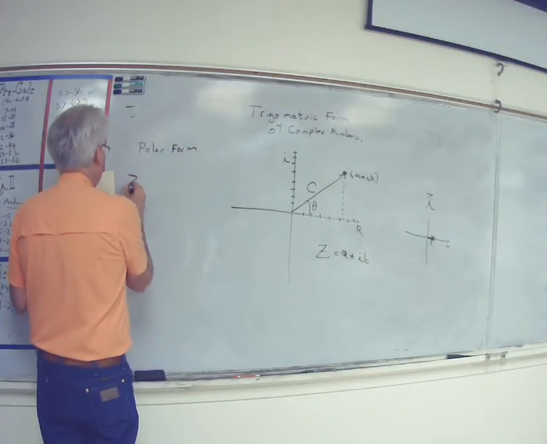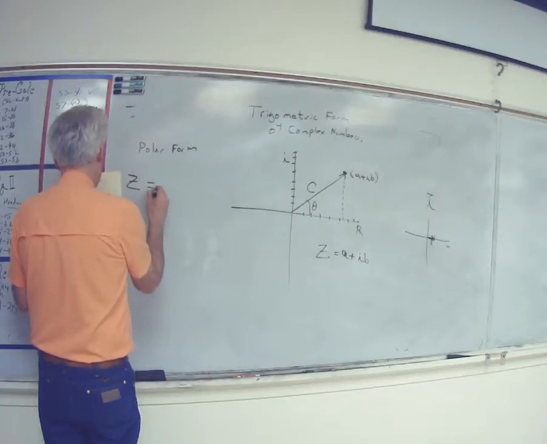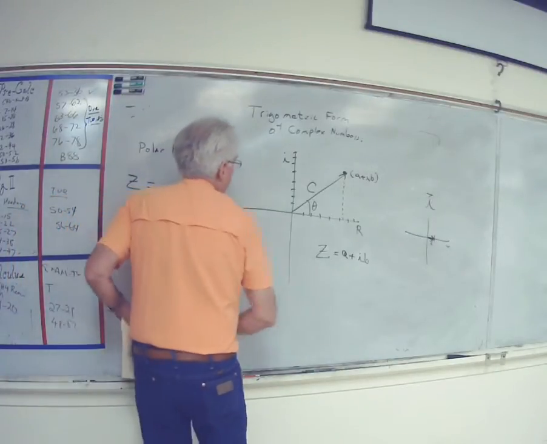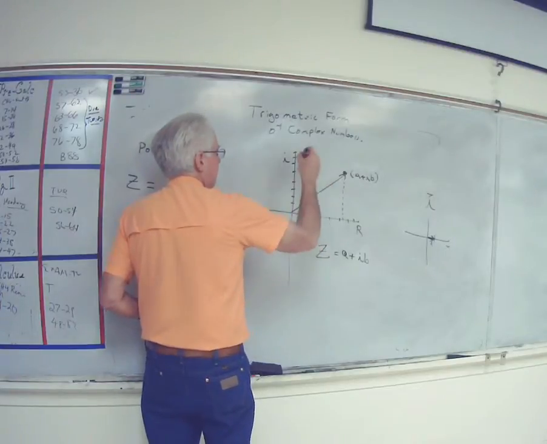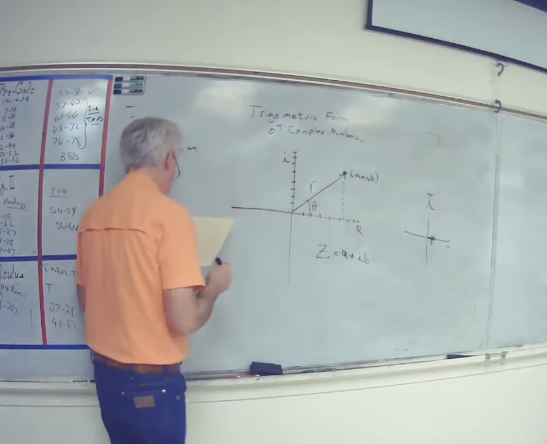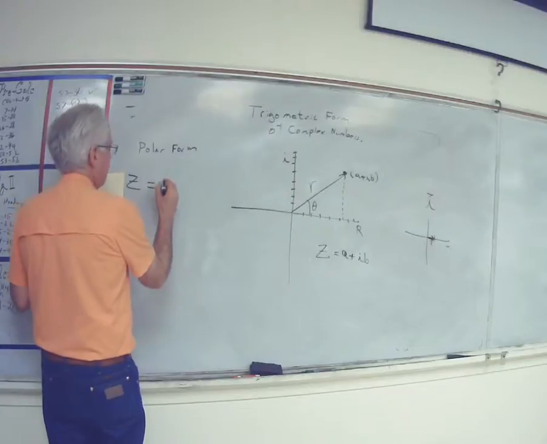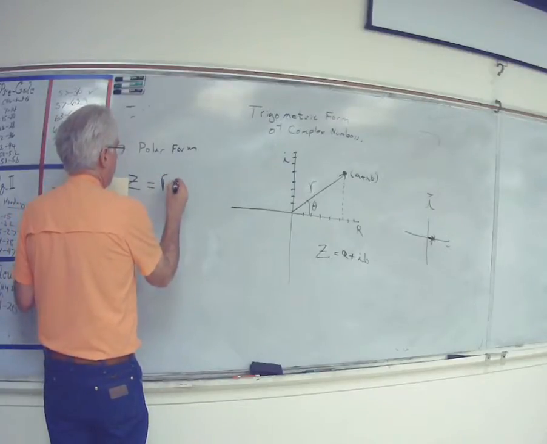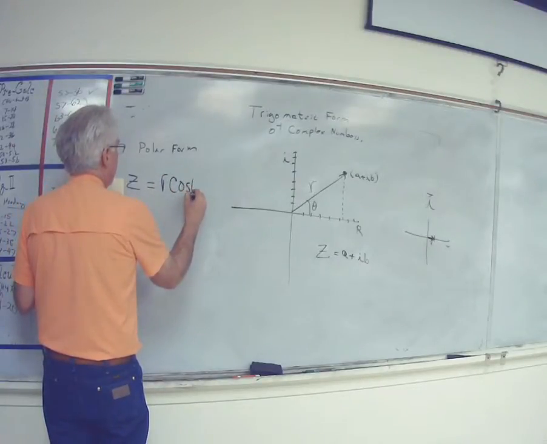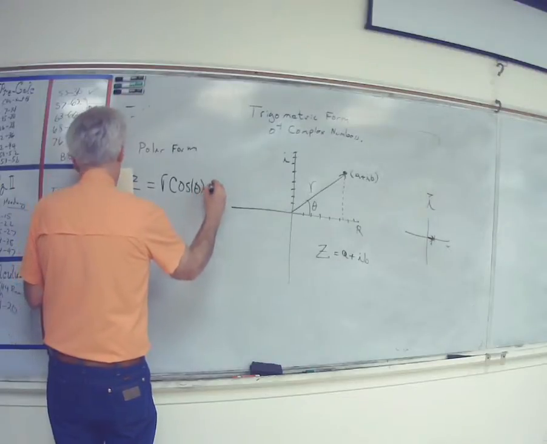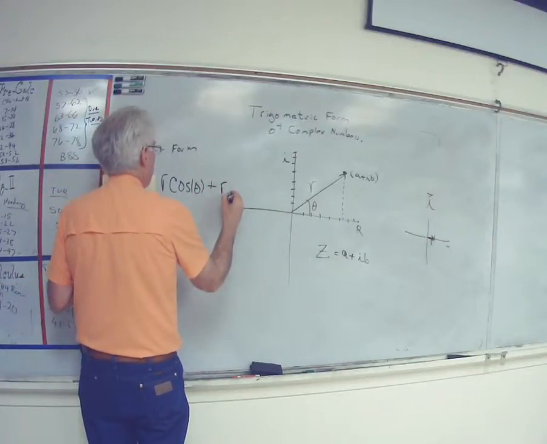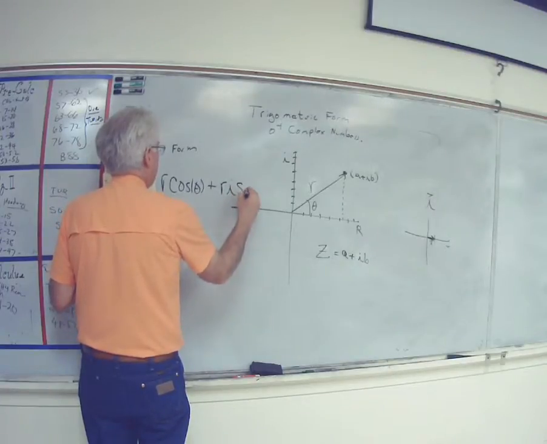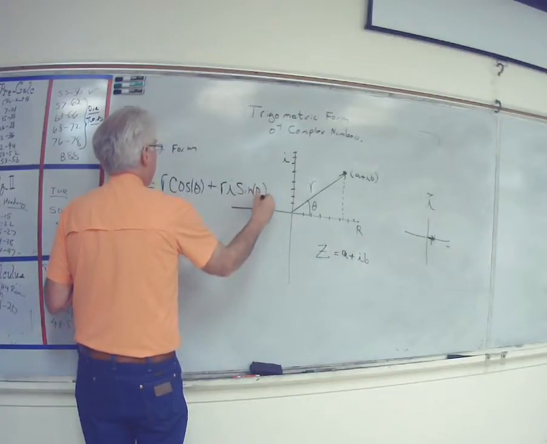Let me correct this: let's call this R, like a radius, like you think of a unit circle. Well, Z is equal to R times cosine theta plus R I sine theta.